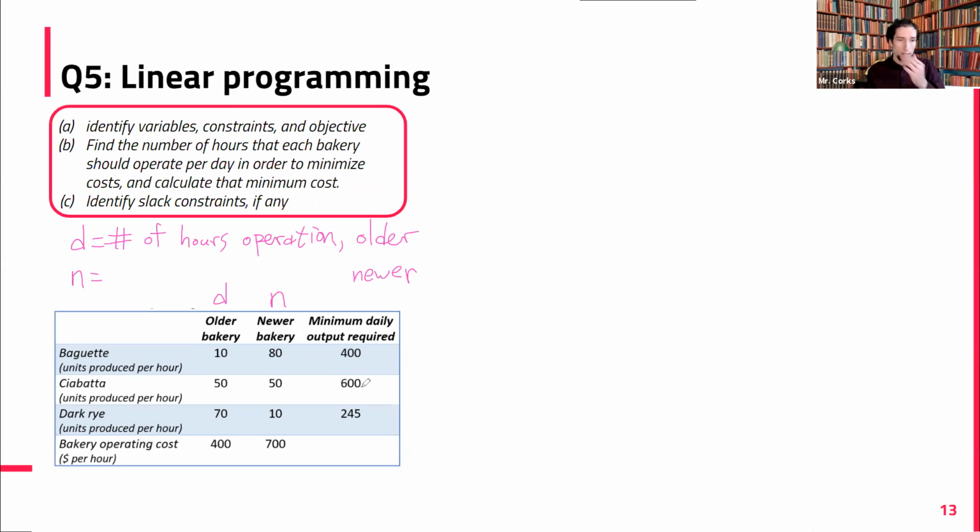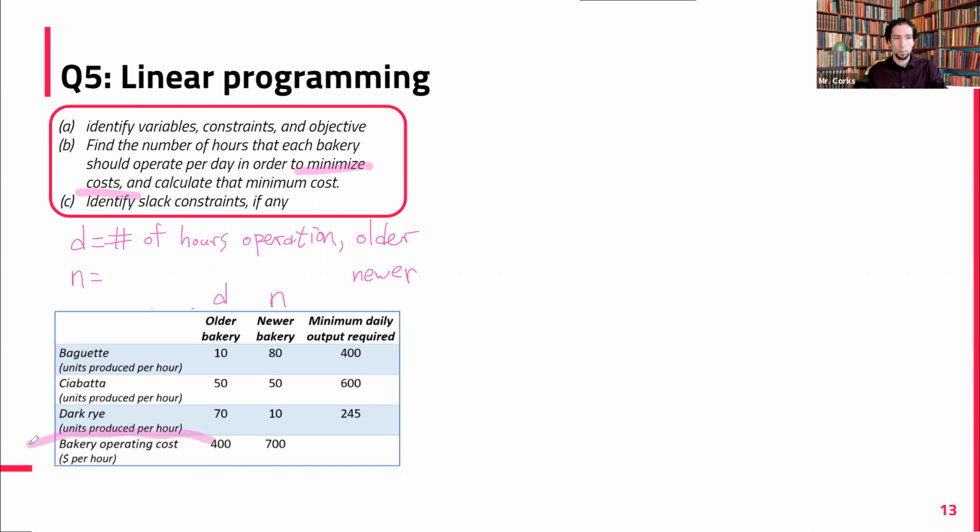The question is giving us a number of hints for this. So first of all, the main thing is in part B, this is our objective, our goal. So minimize cost. That's our end objective, minimize cost. Well, where are costs coming from?